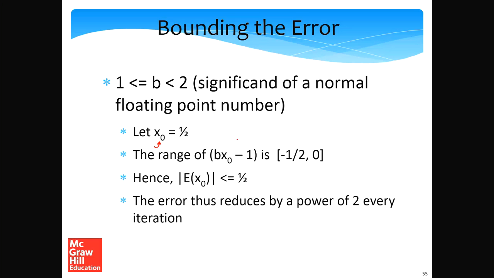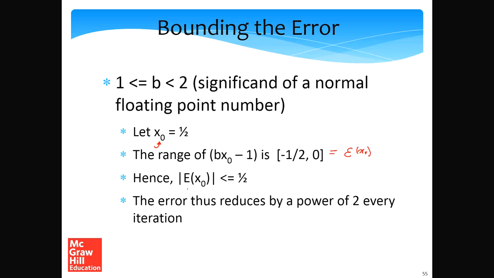So the range of b times x0 minus 1, what will it be? What is the range of b? B is between 1 and 2. So the range will actually be between minus half and 0. So that will be the range of bx0 minus 1, which is the error at point x0. So hence the error at point x0 is always less than or equal to half.